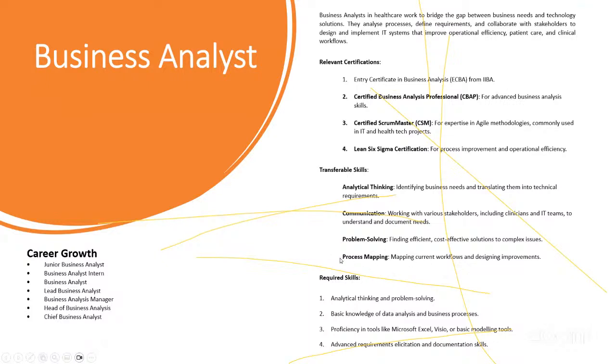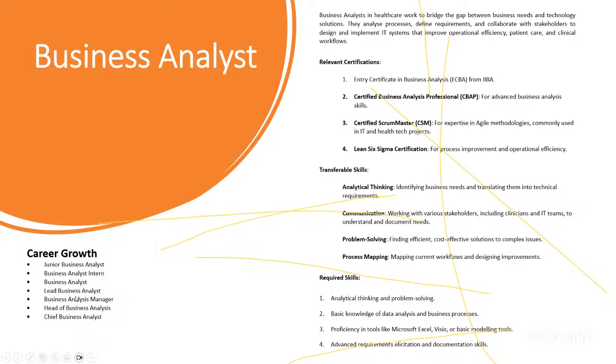This process mapping is a very important skill that every business analyst actually needs to have: design the current workflow and tell us where the improvements are. And these are some of the required skills that we need. In terms of career growth, a lot of people start off as a junior business analyst or a BA intern.